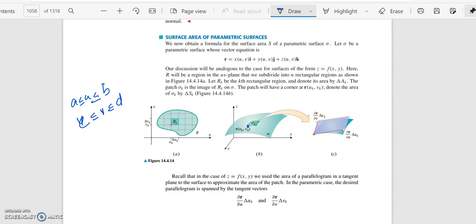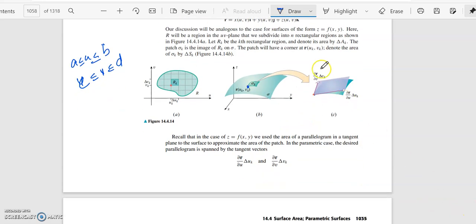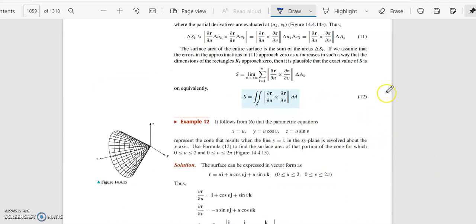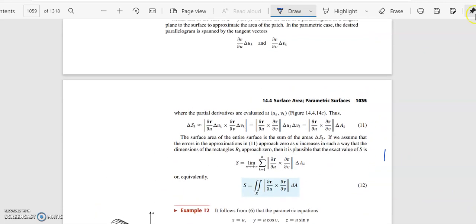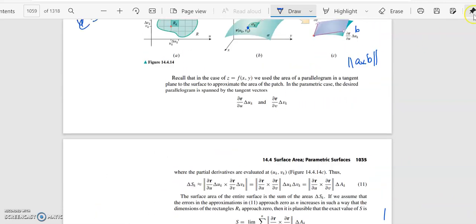The area of a parallelogram: if these are the vectors a and b, then the area of the parallelogram will be given by the magnitude of a cross b. So we got these two vectors. Therefore this small area delta sigma k is taken here as delta Sk.